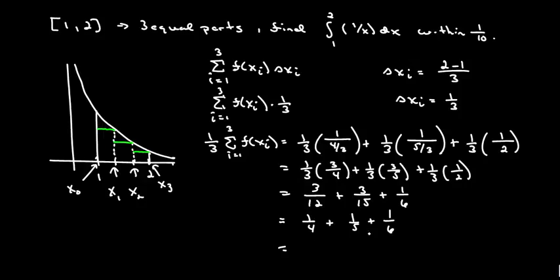So okay, if I've got 1/4 and I want to get a common denominator of 60, that means I've got to multiply top and bottom here by, I believe, 15. And then here over 60 it's going to be 12. And here this will be 10. And there we go. That gives me my 37 over 60. So that's my lower estimate.